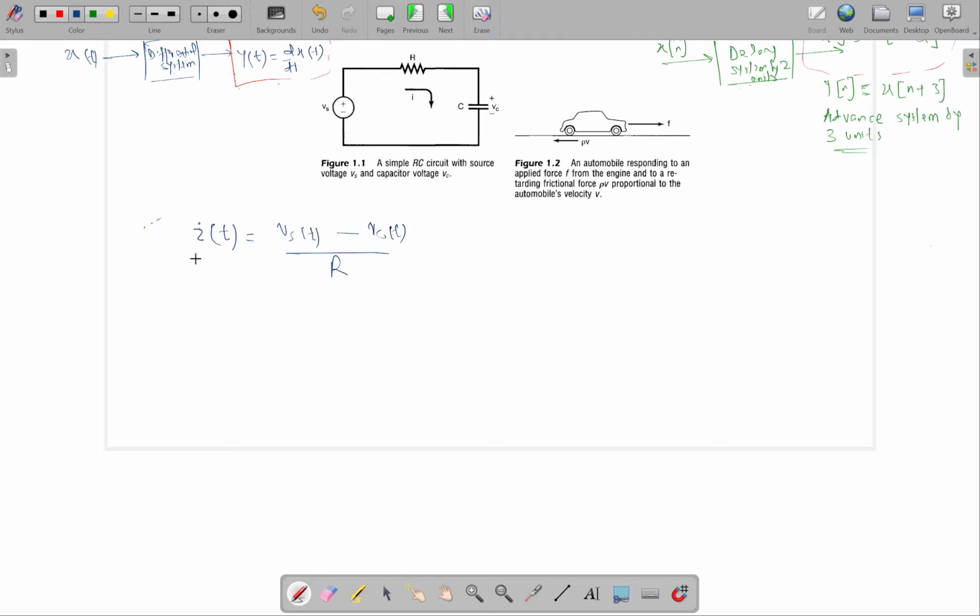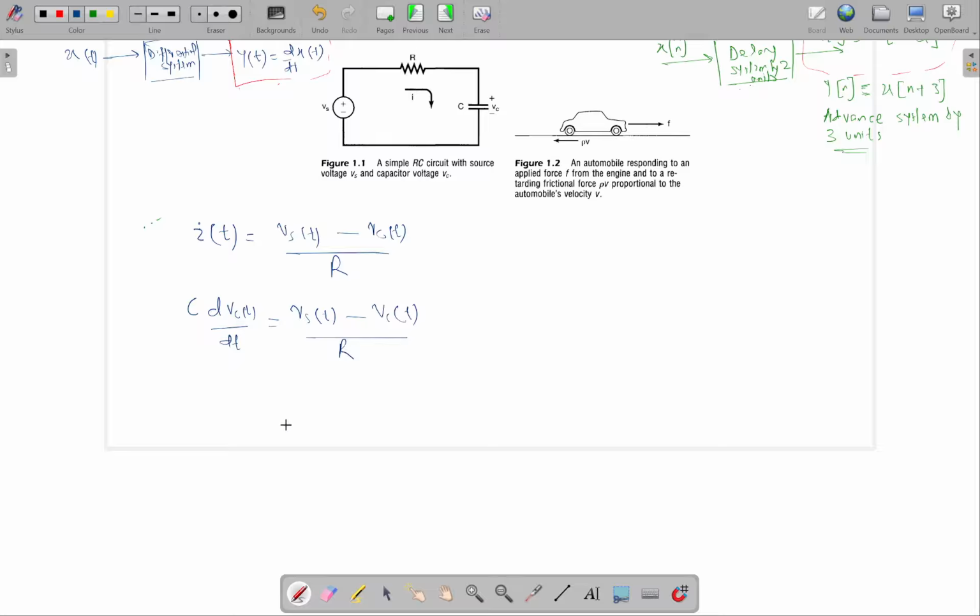And then this current which is passing through the capacitor, we can write over here as i_C, this particular expression for the current passing through the capacitor, and the remaining terms are going to be the same.